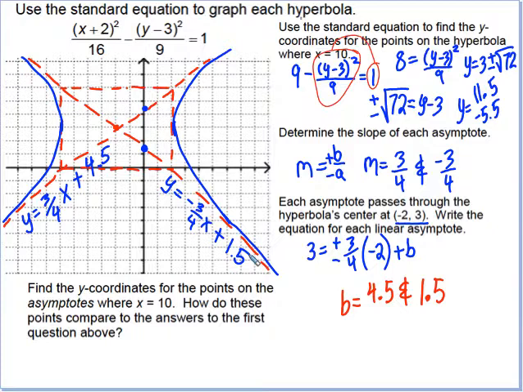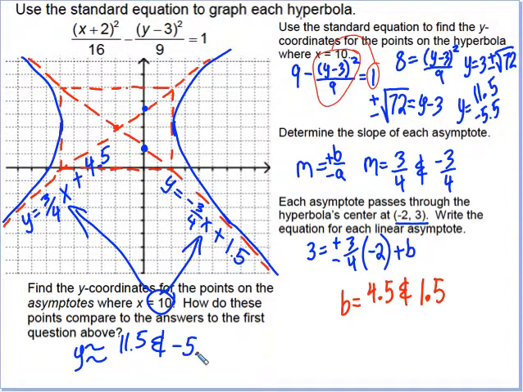Last thing you want to do, plug in 10 for this x and this x. Solve for y. I will tell you, you are probably going to get that y is approximately 11.5 and negative 5.5. Okay, how do I know that?